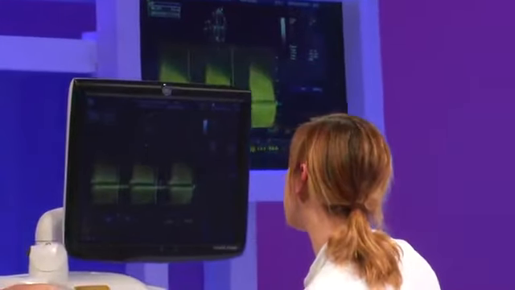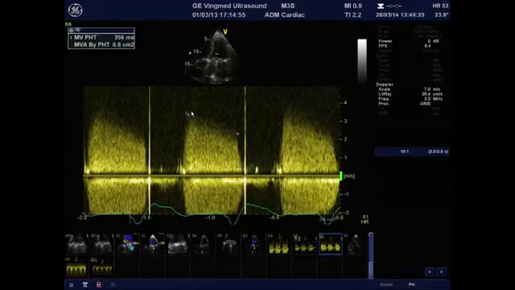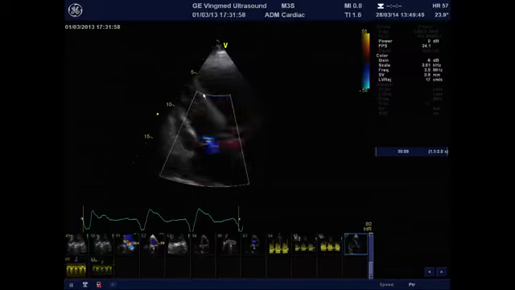Another important parameter to assess is the pressure half time. You see here that the pressure half time is really long, with a value of 356 milliseconds. So it's really above the reference range, which should be less than 130. And also you have indirect signs of mechanical valve dysfunction.